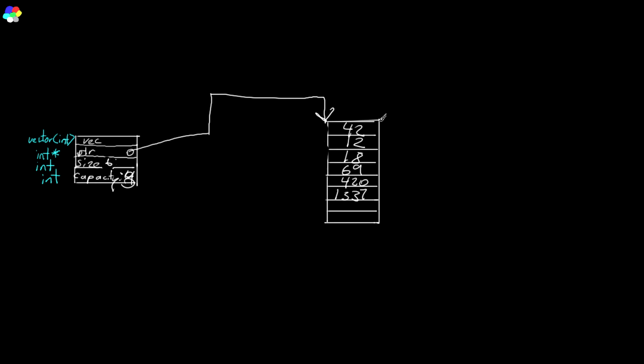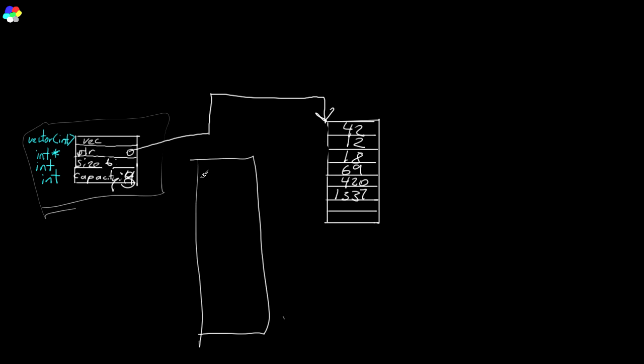In general, the growth is going to be exponential. It might double every time, or it might grow by a different factor, but you're going to get exponential growth on your vectors. And if this looks a little familiar to you, you might recognize it from the Snake game, because in Snake, ahead of time we allocated a big array, but we kept track of the part of the array that is used and the part of the array that is unused.